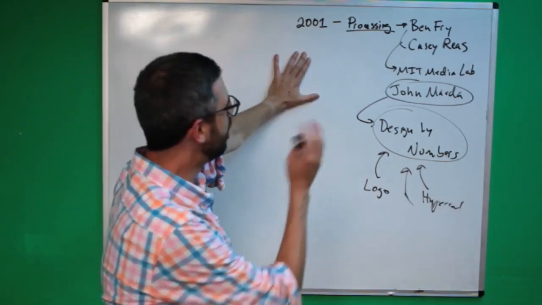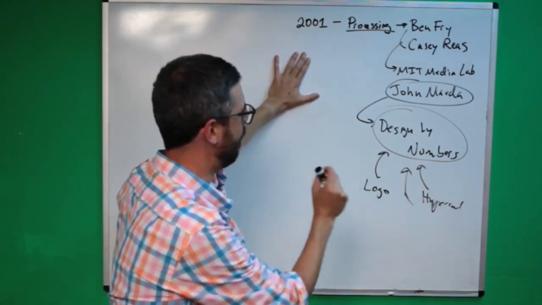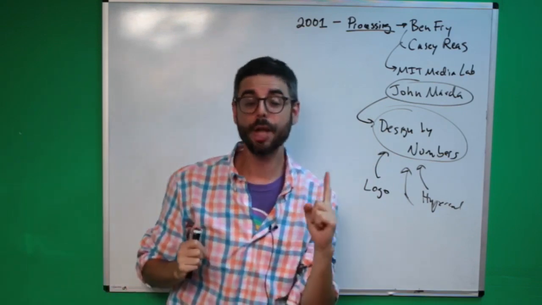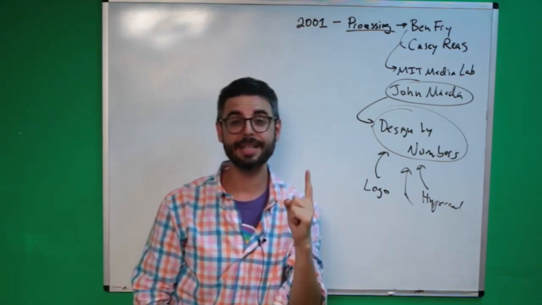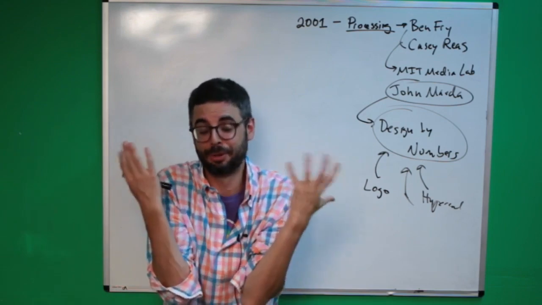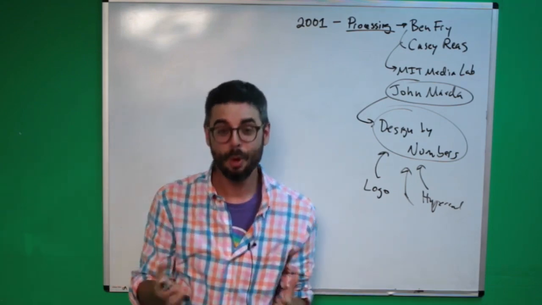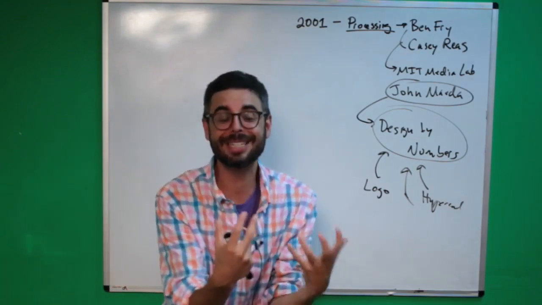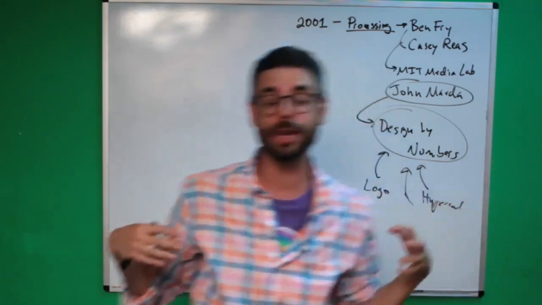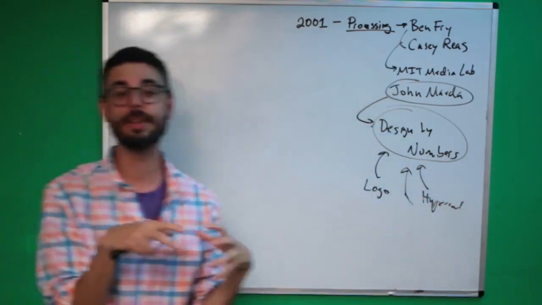But so this is kind of where everything came from. Say I'm the person who's going to create Processing. Why am I doing it? One, I want to make my own work, so I need something with which to make my own work. I also want to teach others to make creative work, so I need something to teach others.